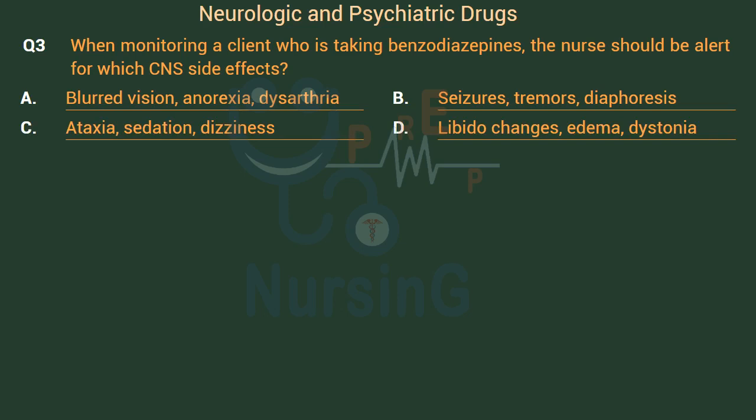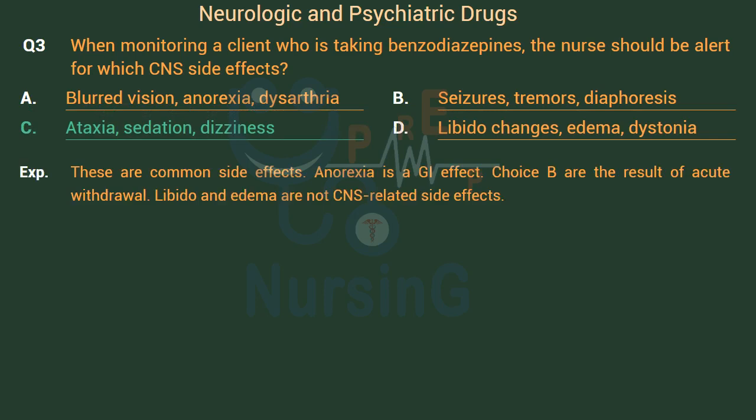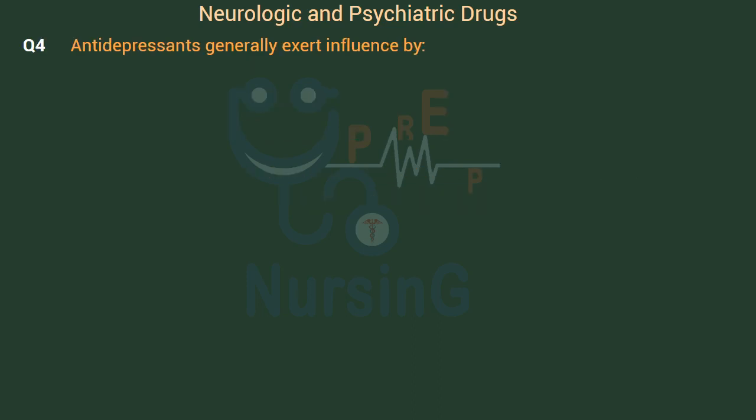Option D. Libido changes, edema, dystonia. Right answer is option C. Ataxia, sedation, dizziness. These are common side effects. Anorexia is a GI effect. Choice B are the result of acute withdrawal. Libido and edema are not CNS-related side effects.